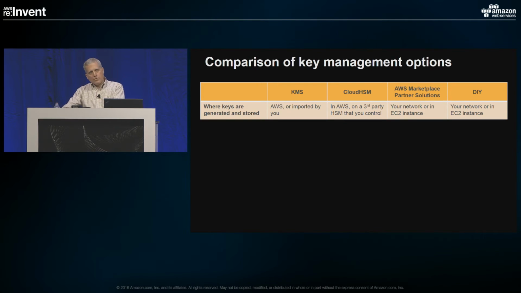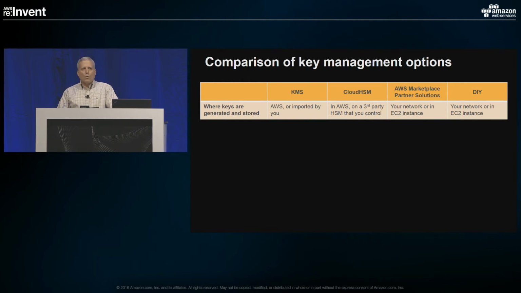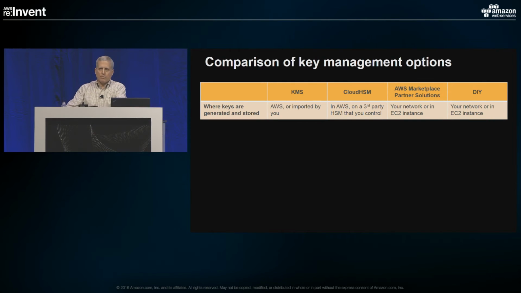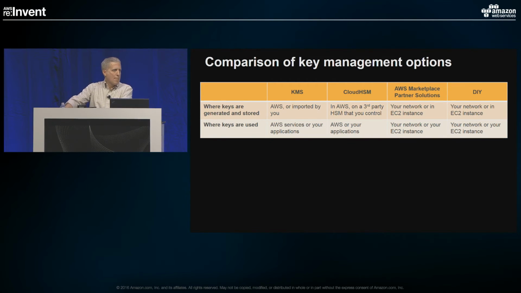With partner solutions, either the partner is hosting the key management, or it could be some other application that's running in a unique EC2 instance, typically inside your account. And certainly with do-it-yourself, it doesn't matter where it's running. Inside EC2, on-premise, you are in charge of both the physical and logical security of those keys.